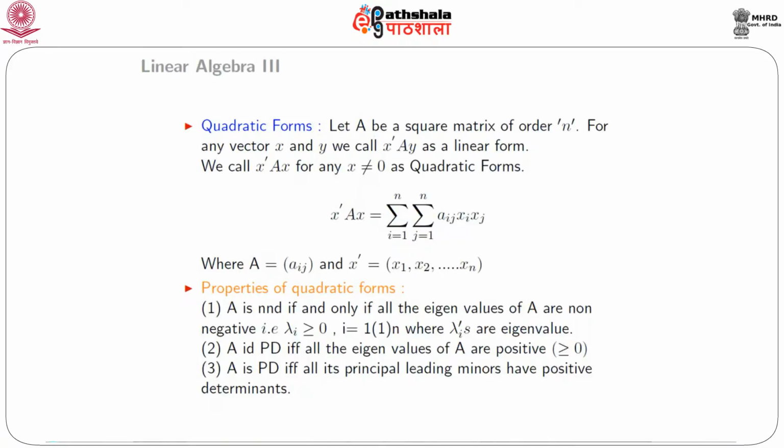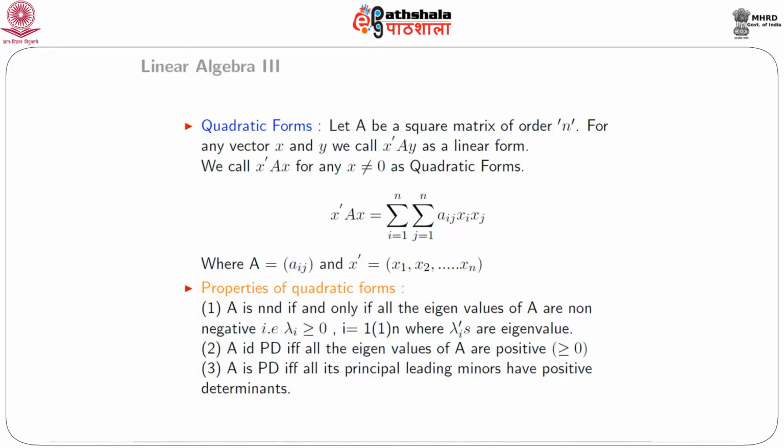Quadratic forms. Let A be a square matrix of order n. For any vectors x and y, we call x transpose A y a linear form. We call x transpose A x, for any x not equal to 0, a quadratic form.